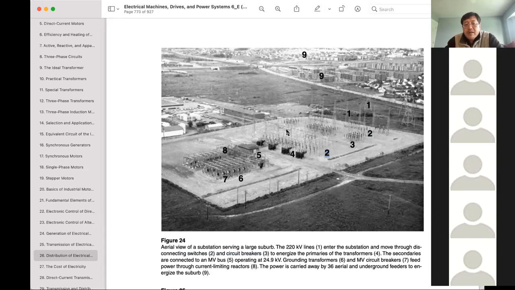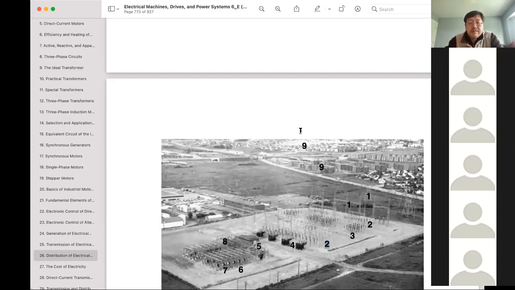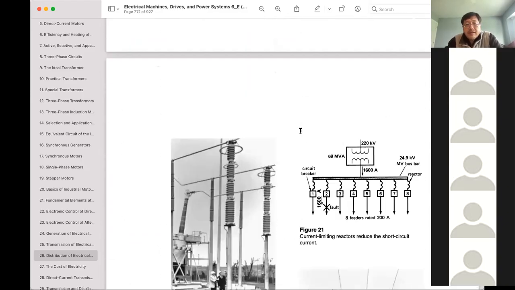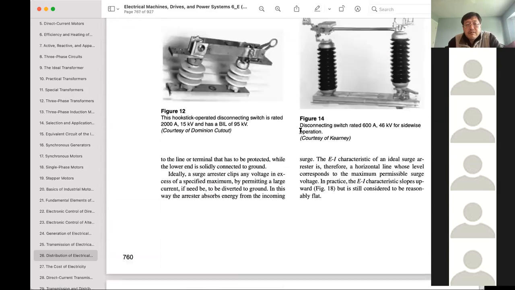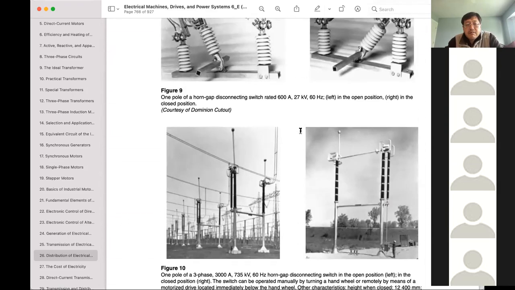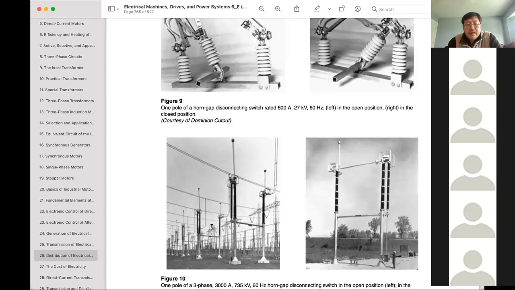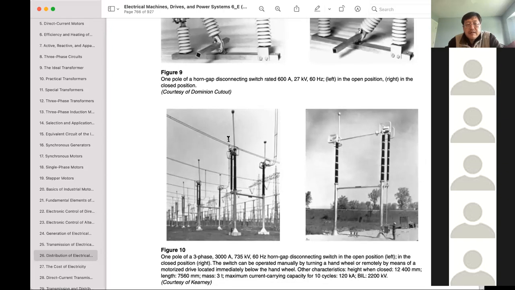Those switches are motorized. They look the same as any switch, it's just big. How big? I'll show you a picture of those switches. That's big. Figure 10 is a switch. Did you see that switch? That's a big switch.